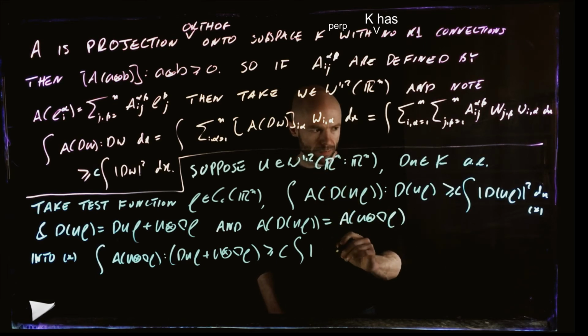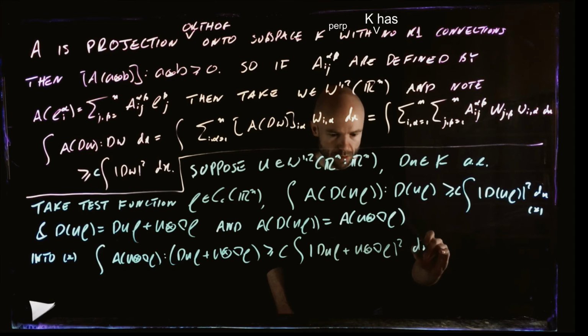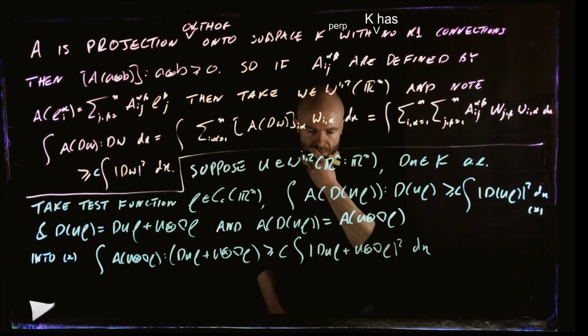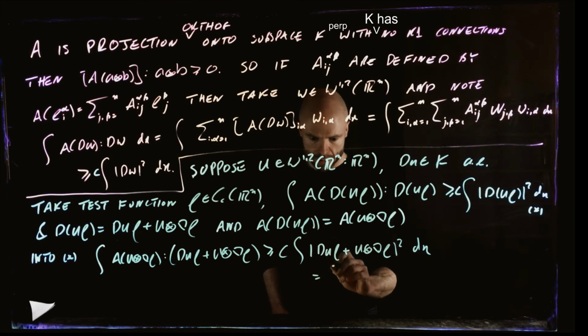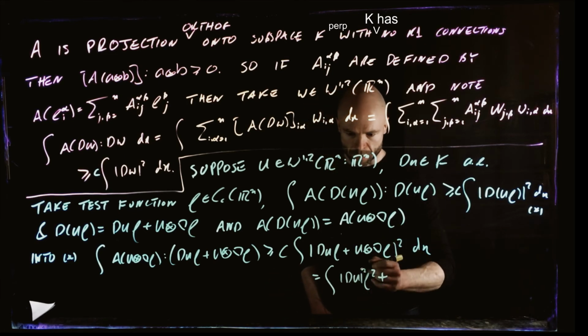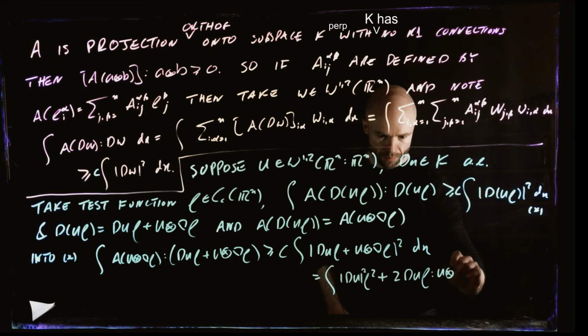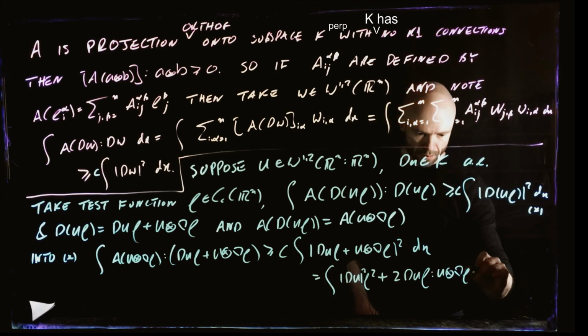And this will be the U of rho plus U cross product gradient of rho squared dx, like this. Right? And then this thing we can expand out like this. So this will be gradient of U squared rho squared. And then this mixed term, I need two of these, the U of rho. And then this term.